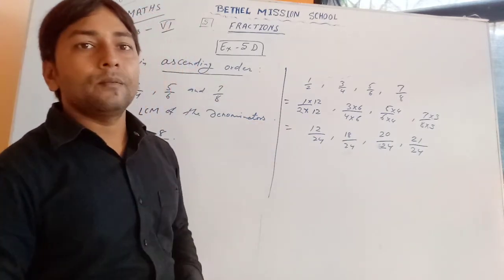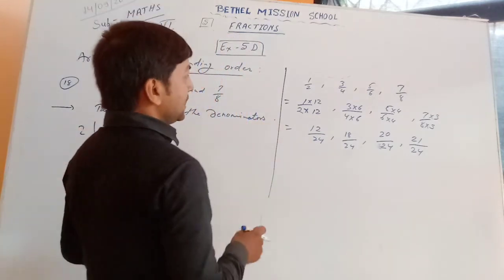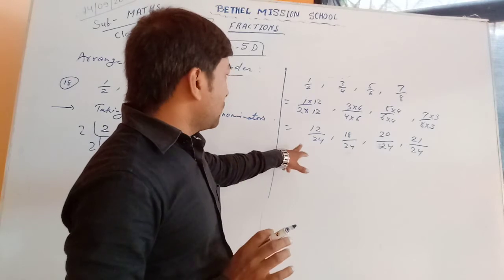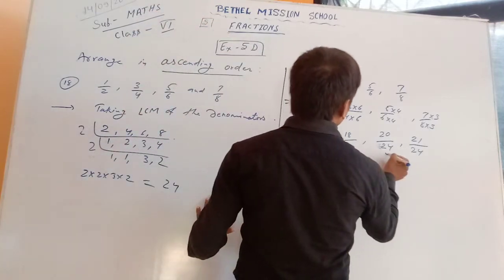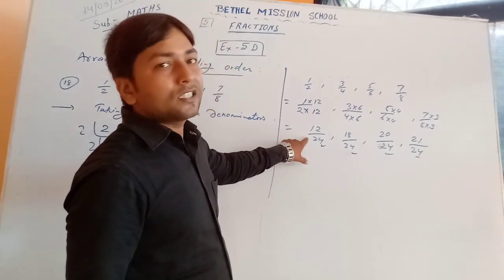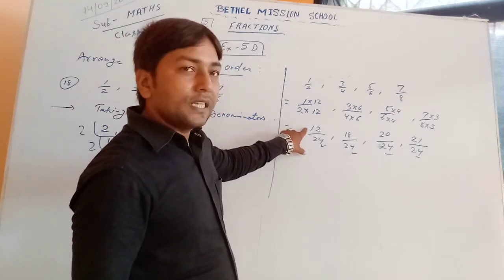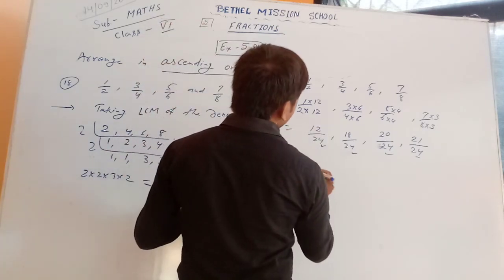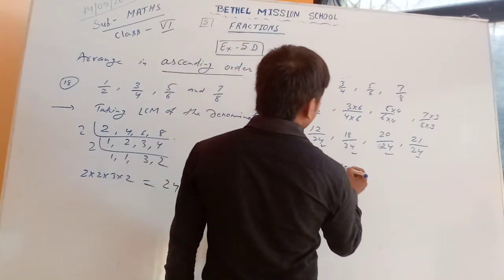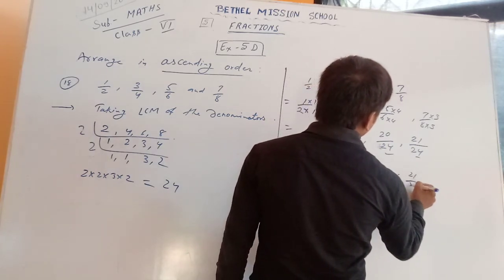Ascending order means the fraction which has the least value comes first, the smaller one. Just as I said in the rule, when the denominators are equal, the fraction with the smaller numerator is smaller. 12 is the smallest, so 12 upon 24 will be the smallest. Then 18 upon 24, 20 upon 24 and 21 upon 24.